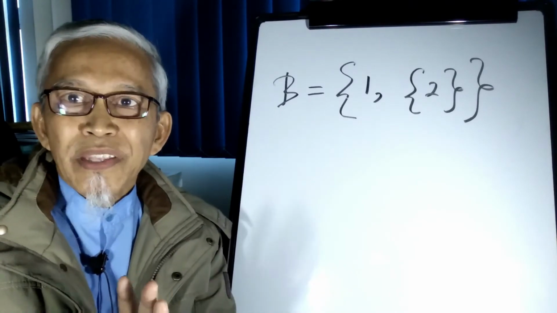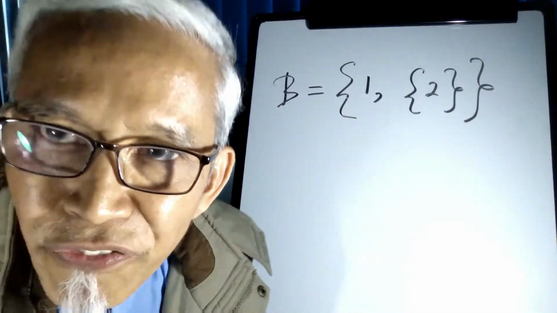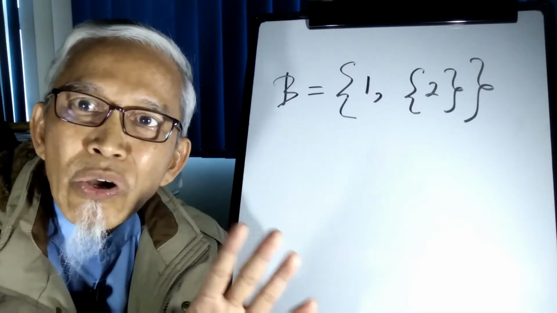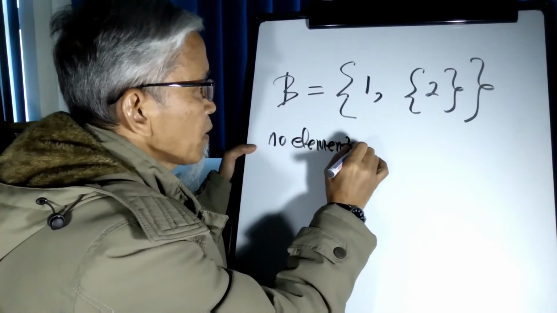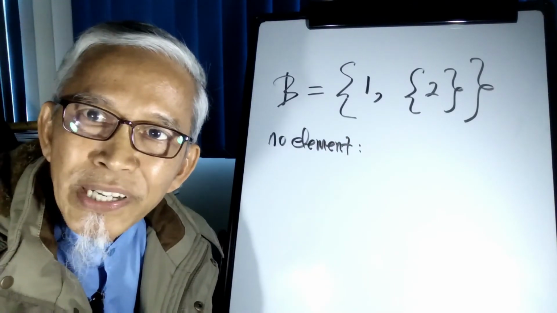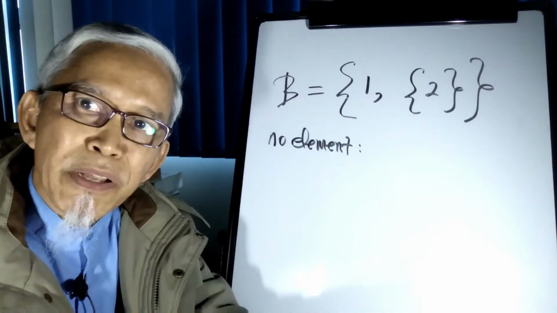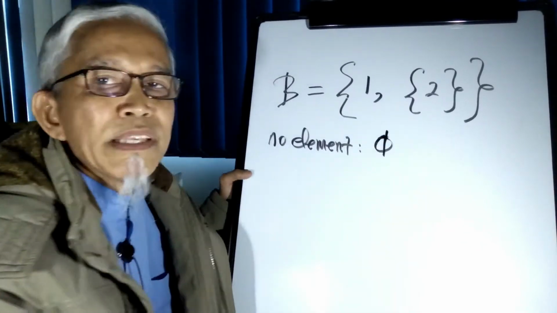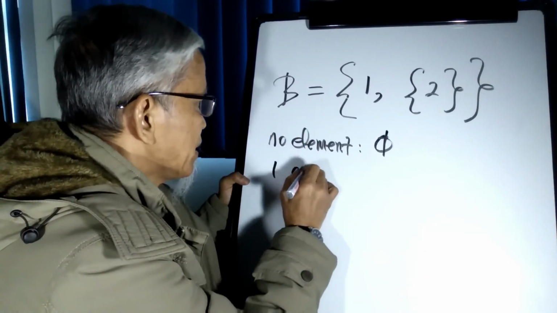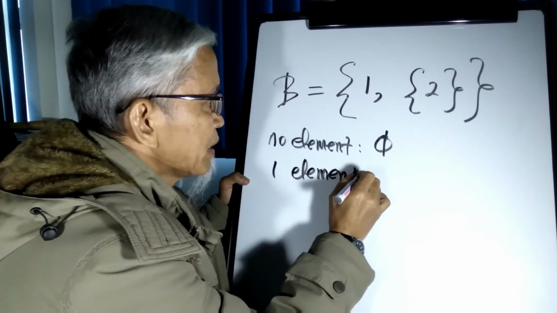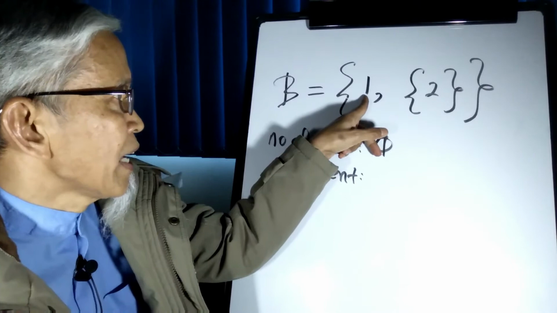All right. So now, as in the previous example, we want to list down all the subsets of B. The first one is the subset of B with no element. Like the previous example, that must be an empty set, right? Now, can we have a subset of B with one element? Yes, we can have the subset with this element inside.